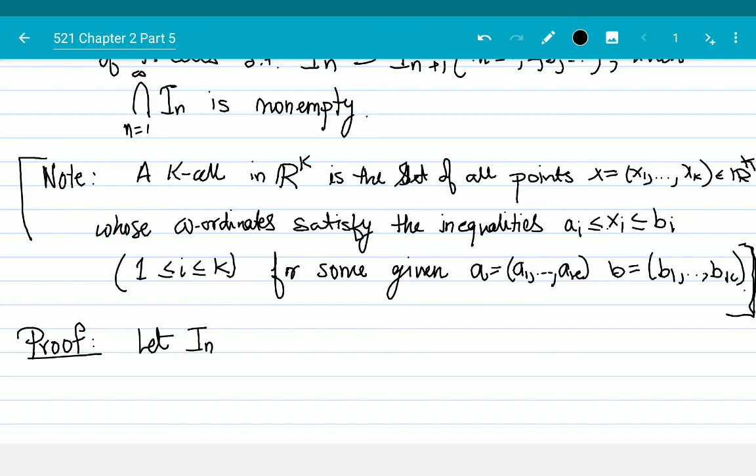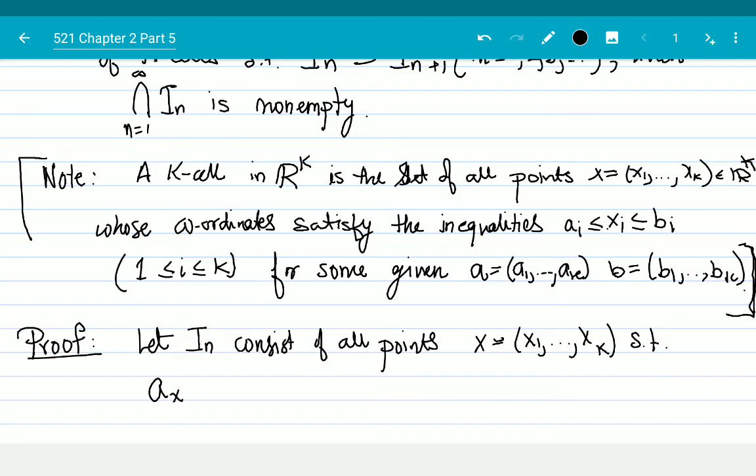Let I consist of all points x = (x1, ..., xk) such that a_{n,j} ≤ xj ≤ b_{n,j}.